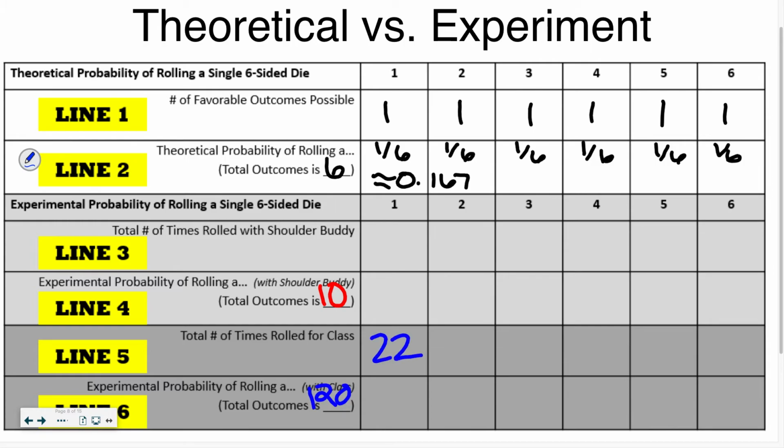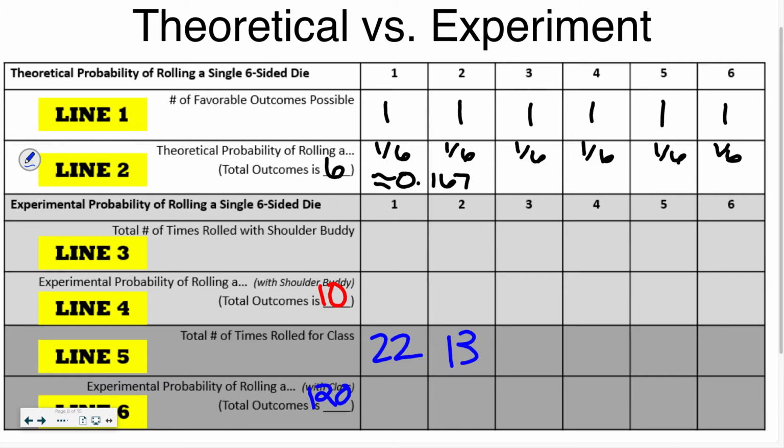How many times did you roll a 2? 1, 1, 2, 3, 3, 5, 5, 6, 7, 9, 9, 11, 13.